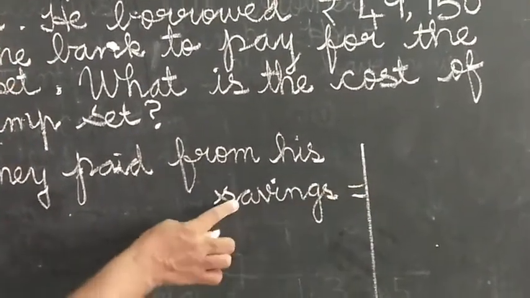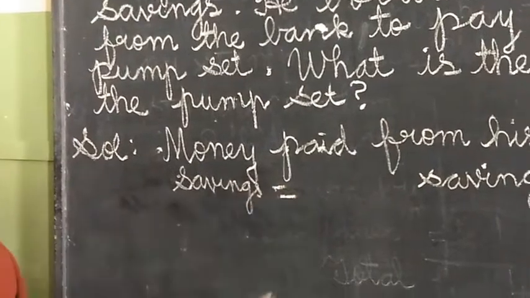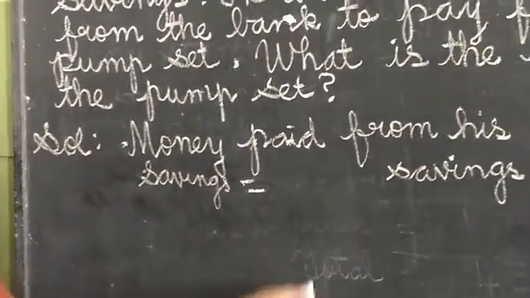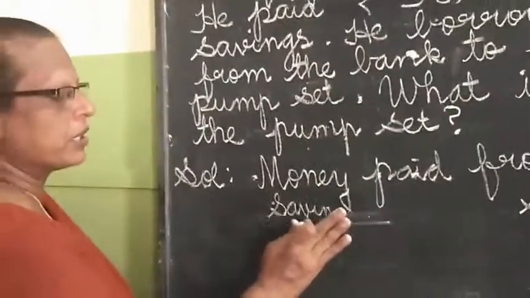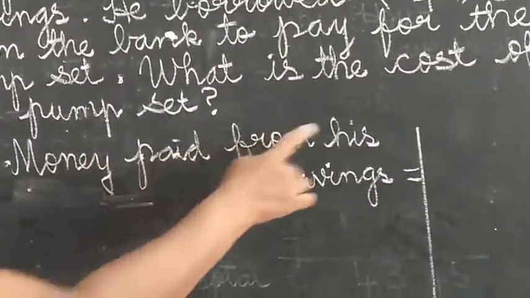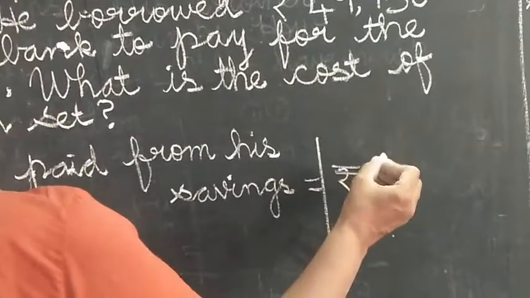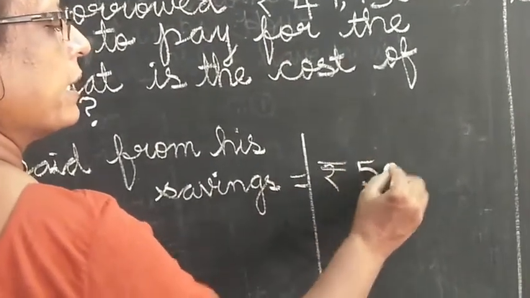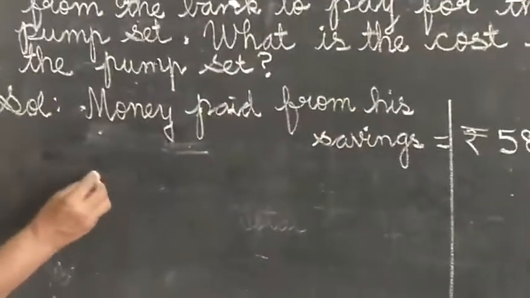You will write savings here, and then you put the equal sign here, and the next one you write here. If you write it elsewhere, you can't add and the sum will be wrong. Children, okay, don't make that mistake. Okay, money paid from his savings. How much he paid? Rupees 58,960.